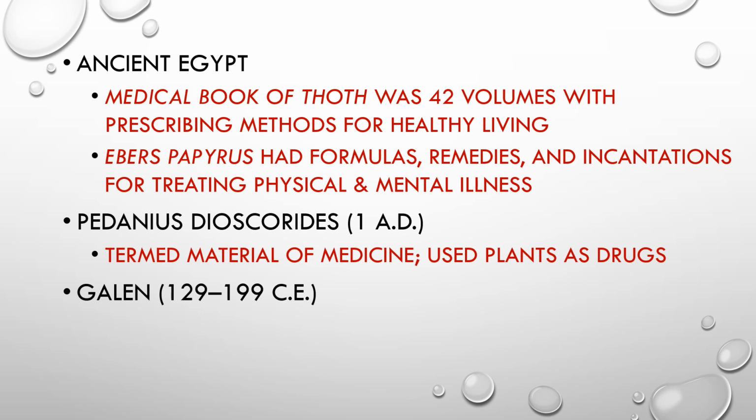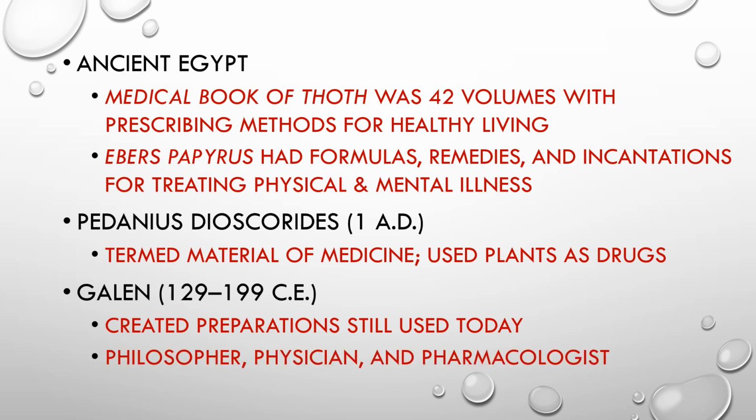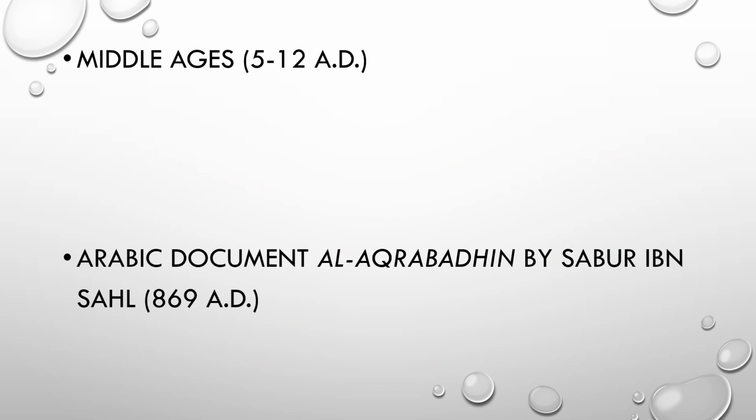So just a little bit more sophisticated, a little bit more detailed. And then Galen, 129 to about 200 AD or CE, prepared different preparations that we still use today that were recorded. He was a philosopher, physician, and a pharmacologist, so multiple things he had going on there.